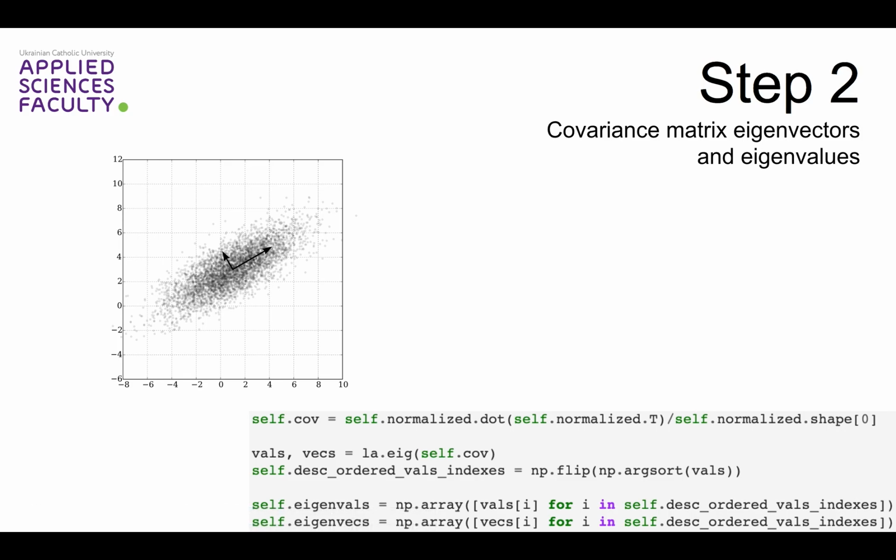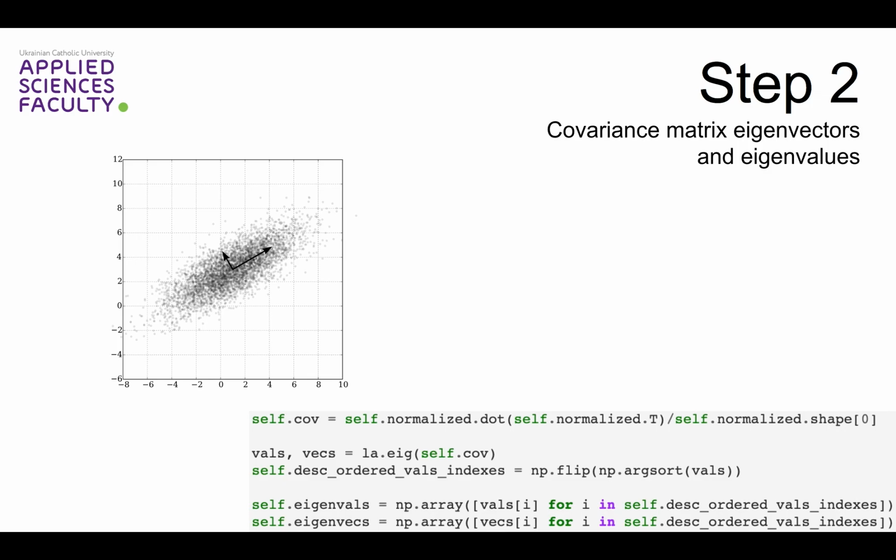The next step of our solution is creation of the covariance matrix of the dataset. Then we need to extract the eigenvalues and eigenvectors from it, and each of the eigenvectors will represent the variance in a different dimension.